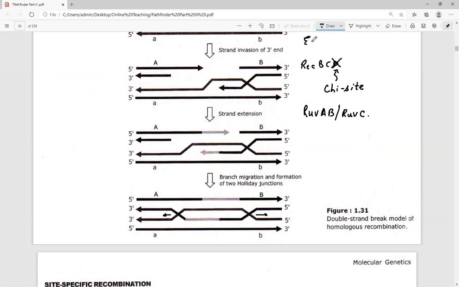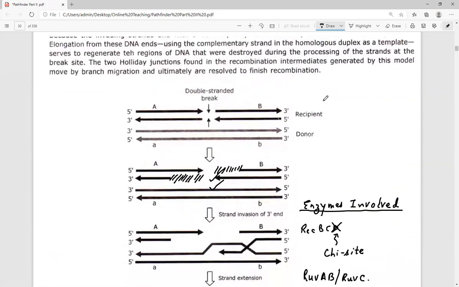These are all the different enzymes that are involved.